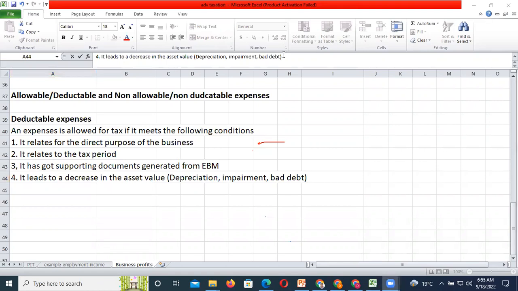Once the expense is related to transport, why does the transport not generate an EBM invoice? What do you mean there's no EBM invoice? We all know that EBM does not mean that you pay VAT. You may not be paying VAT, but you have an EBM.